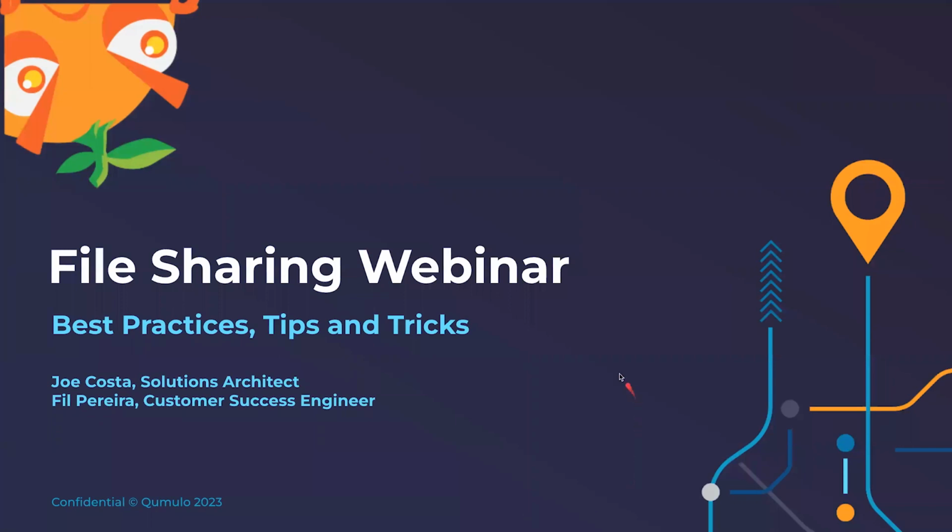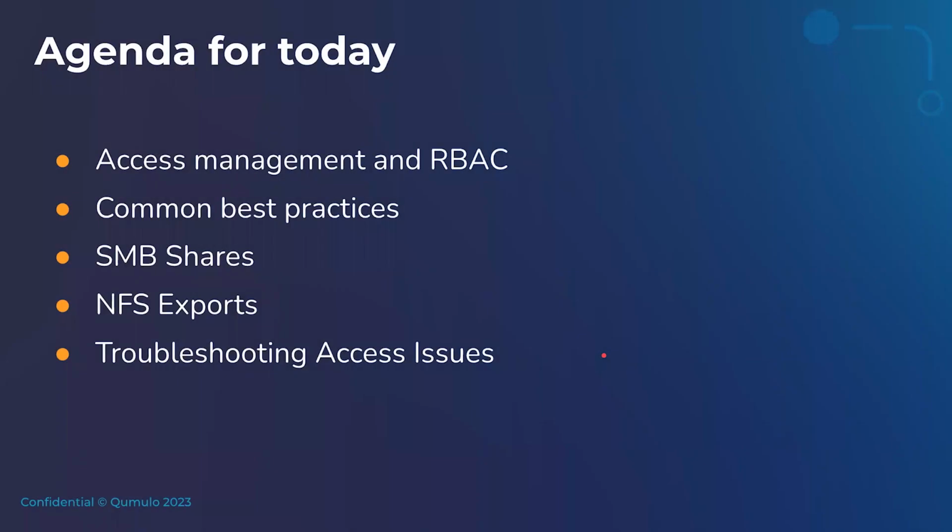So let's get started. Today we're going to be covering quite a few topics. Hopefully we'll have enough time to get through everything in the hour that we have scheduled, but I will be hanging around for some time after the hour is done if there are any questions that we can help answer.